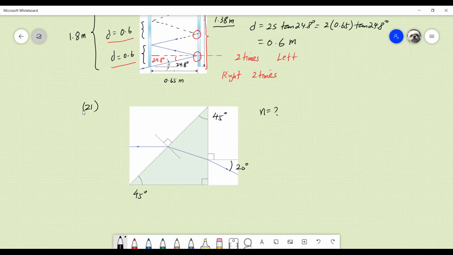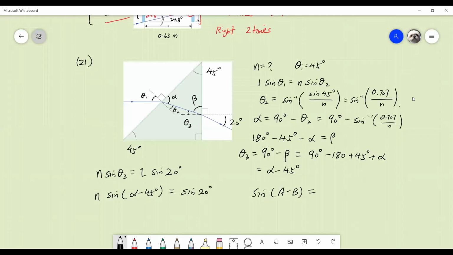Now, I'm going to draw this. Let me pause a little bit. Sine of A plus B, sine of A minus B, what is that equal to? Anyone remember that? You can go search for it and tell me.